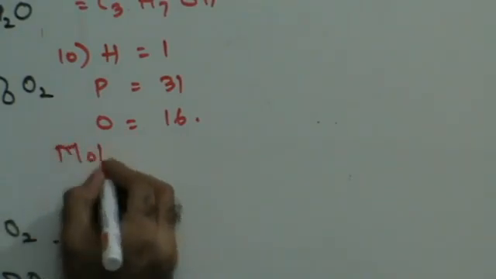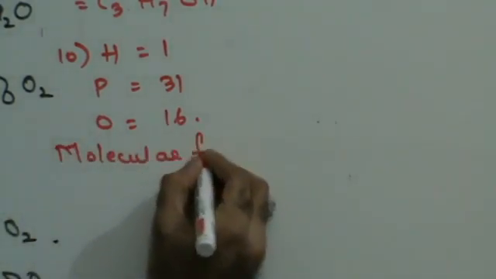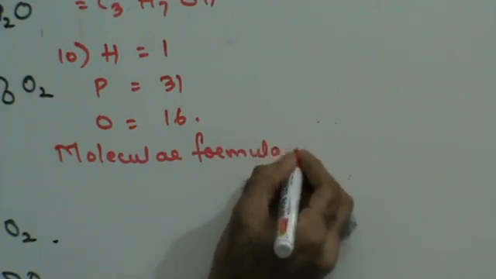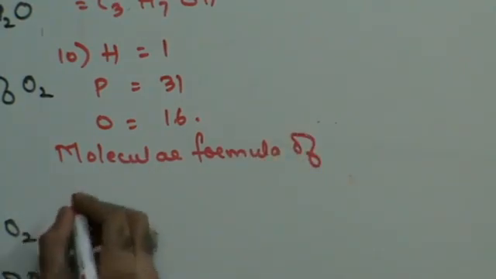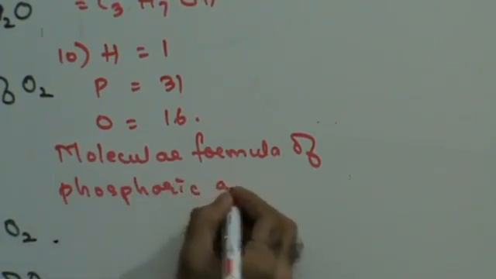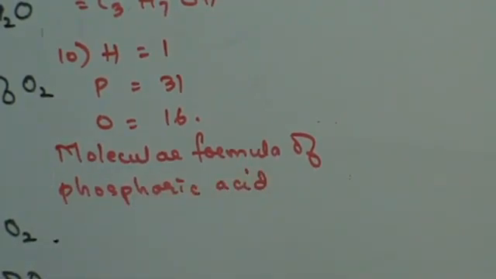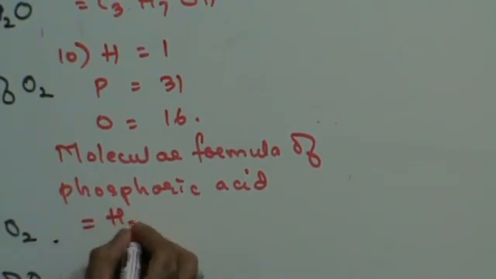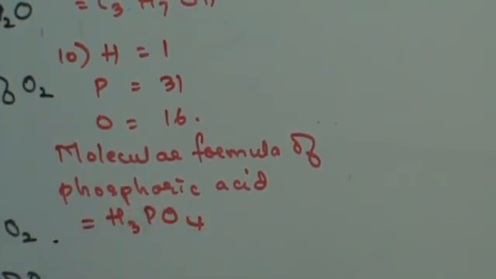Now guys, I have to find out the percentage composition of different elements. First of all, what is the molecular formula of phosphoric acid? The molecular formula of phosphoric acid is H3PO4. Right?